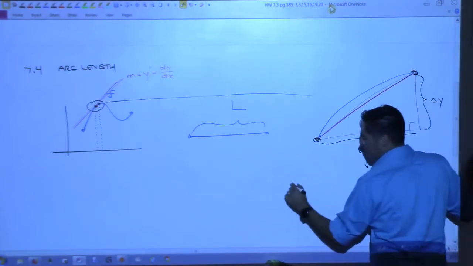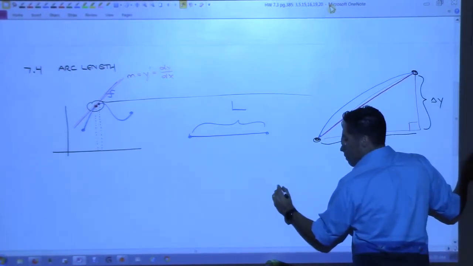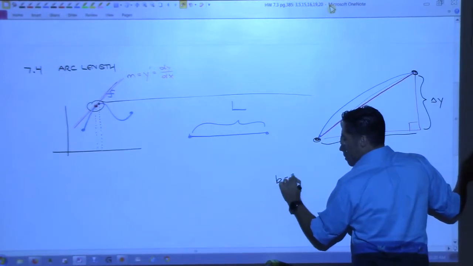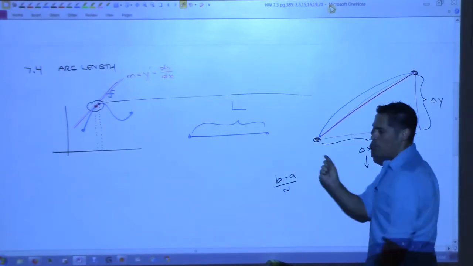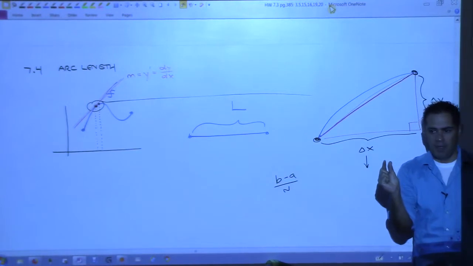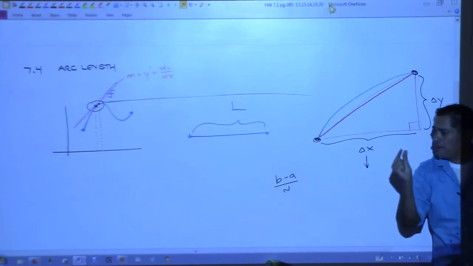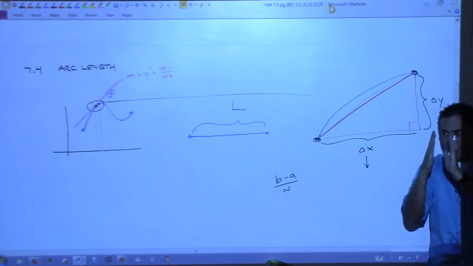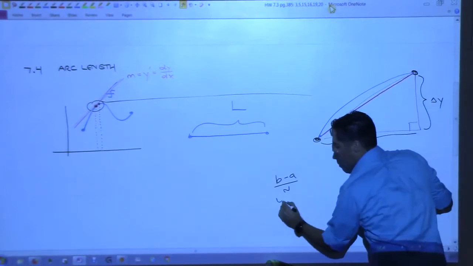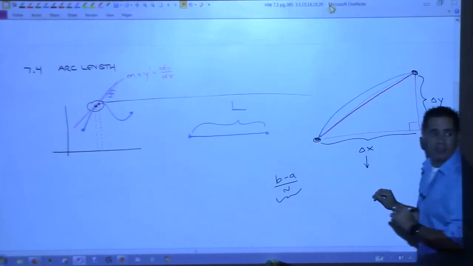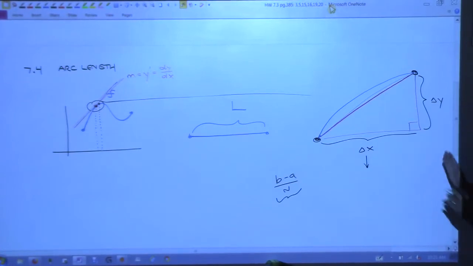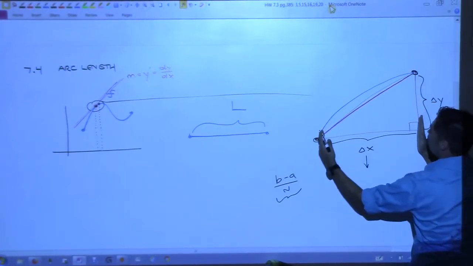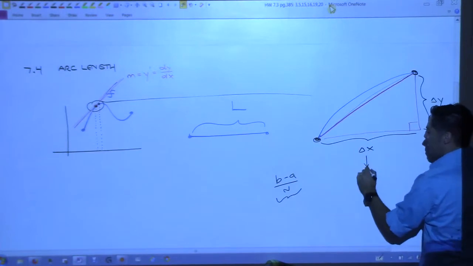When we were doing Riemann sums, we had said that b minus a over n was the width of each rectangle, and they would always be the same for each rectangle. Then when we let them become infinitesimally thin, we replaced it with what? dx, okay? That became dx. So this distance from here to here, as this starts to shrink, becomes dx.